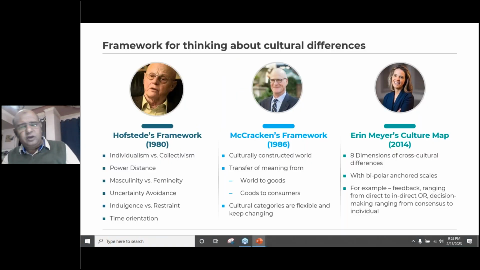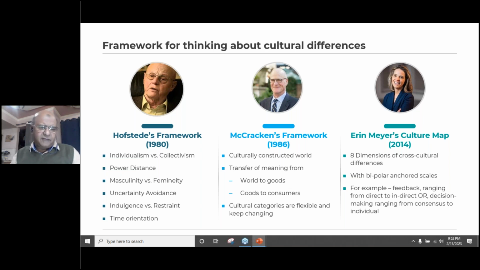Framework for thinking, we are looking at three frameworks. Hofstede's framework, which is the oldest, and where we have spoken about it earlier. He speaks about six differences in culture, six dimensions of cultural difference. Of course, these are broad dimensions. They are more granular in their content.